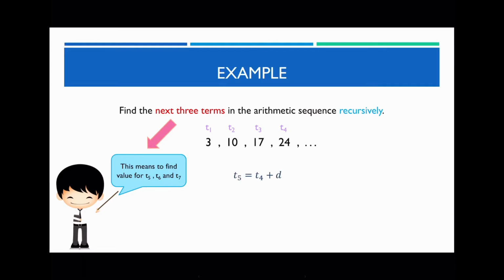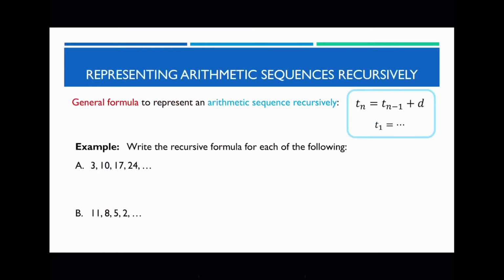To find the 5th term, I need to know the 4th term and then add the common difference. In this example, the common difference is 7 because it increases by +7. So adding 24 and 7 gives you 31. Do the same thing to find T6, which is 38, and T7, which is 45. So this is pretty straightforward.